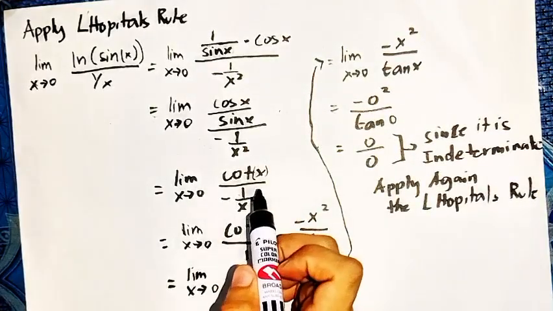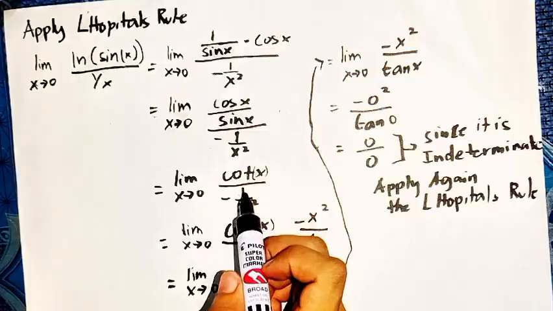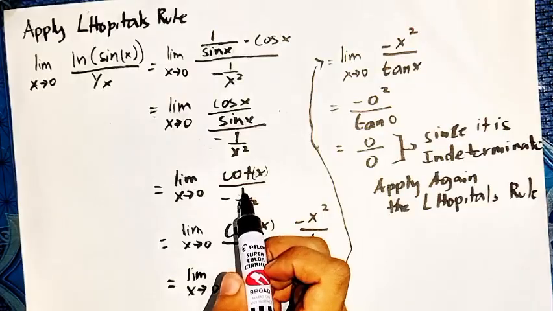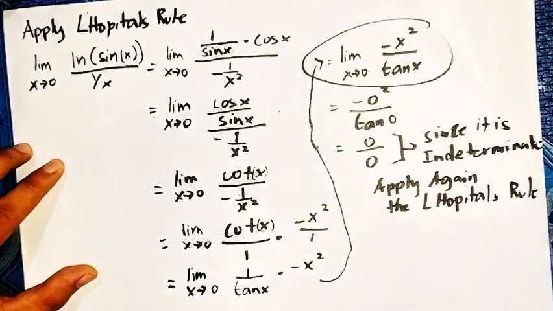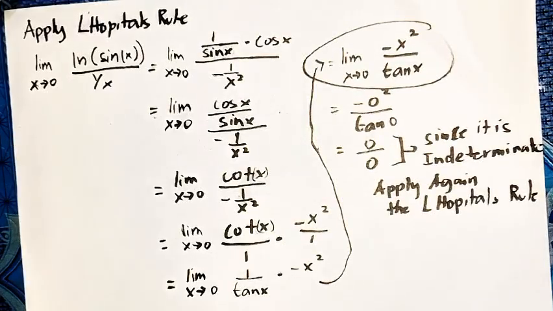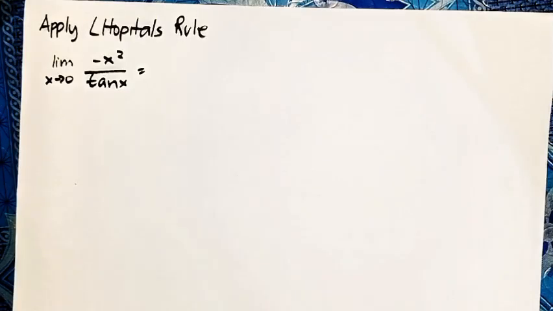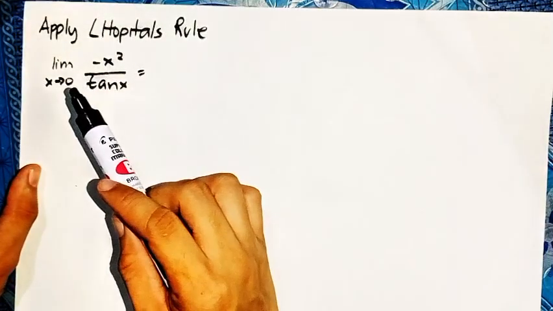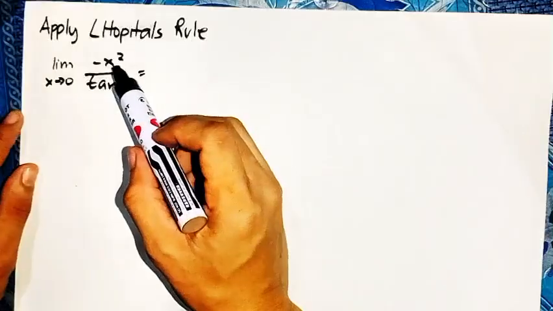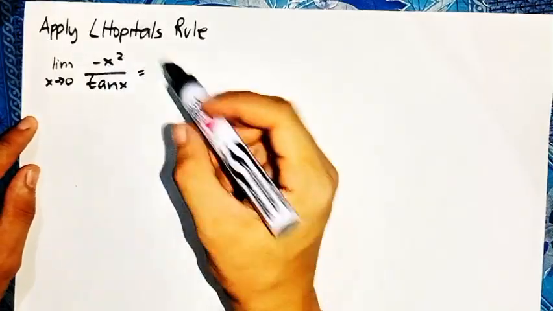Let's use this new expression. Now let's apply again L'Hopital's rule to our new expression, which is the first derivative of our function. So let's take the derivative again of this function.